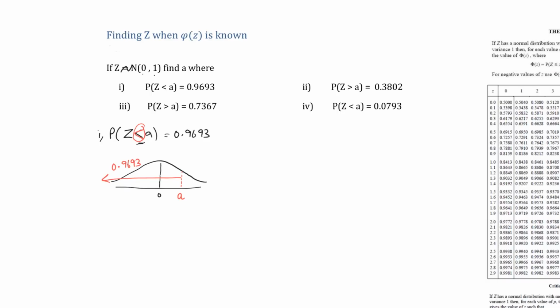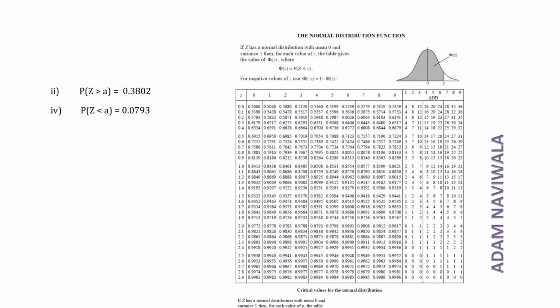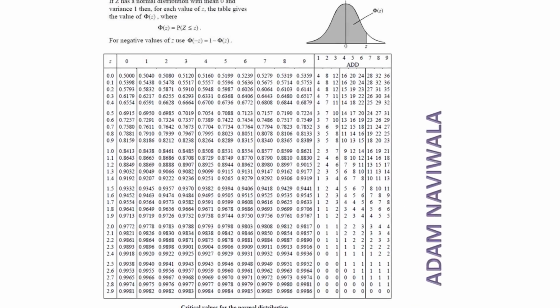Now you need to go to your table and do the reverse calculation. 0.9693 is the probability. So in this table you will be looking for 0.9693 in the probability region, or the closest value. Okay, so here we have the probability. Now we'll see at which z value it was occurring.